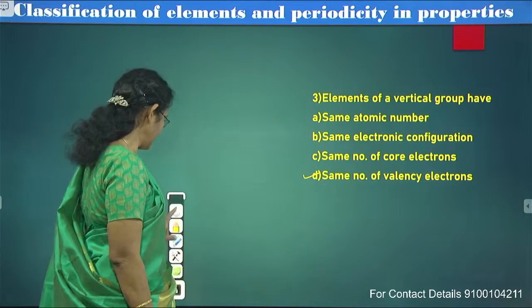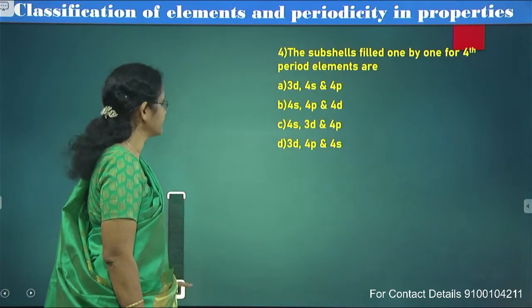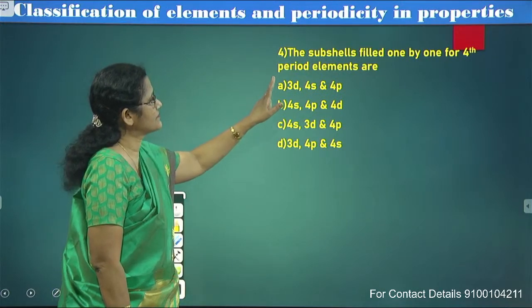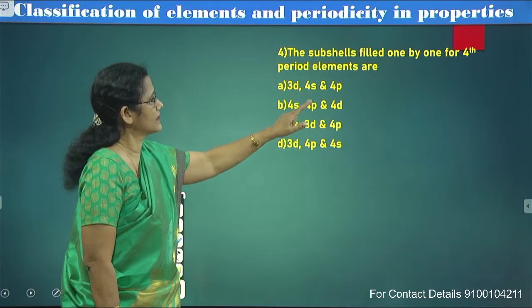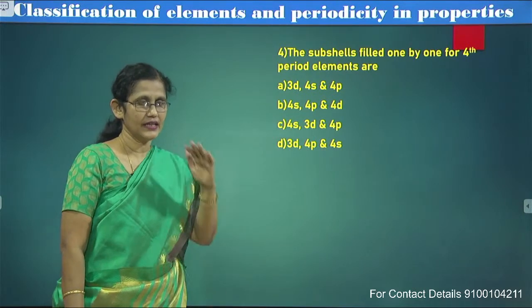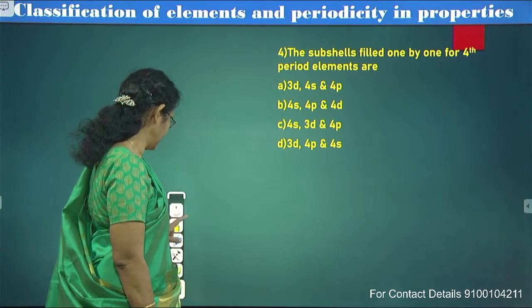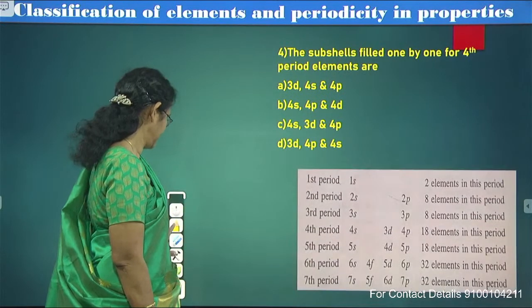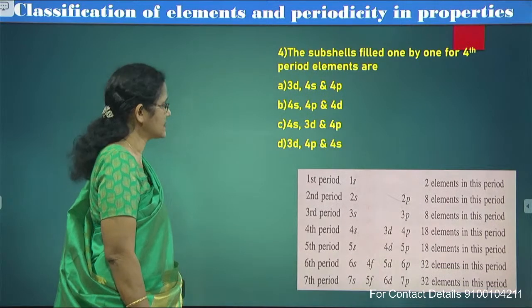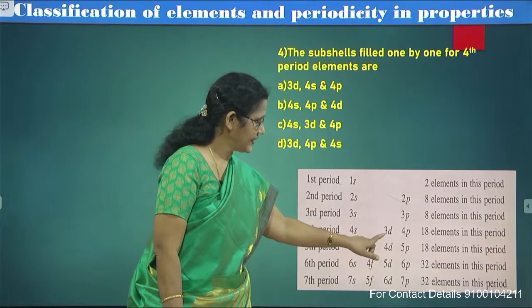Now, I am taking one more question. See here, the subshells fill one by one for 4th period elements. We discussed yesterday, in the 4th period, what is the order of filling? See here, in the 4th period, 4s, 3d, 4p.